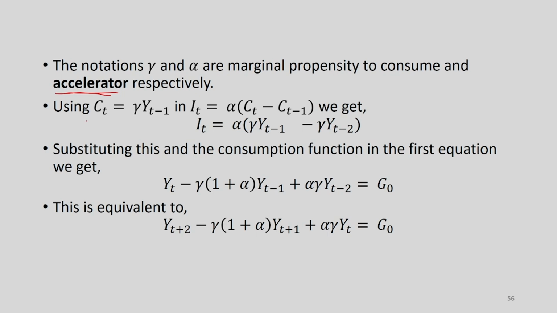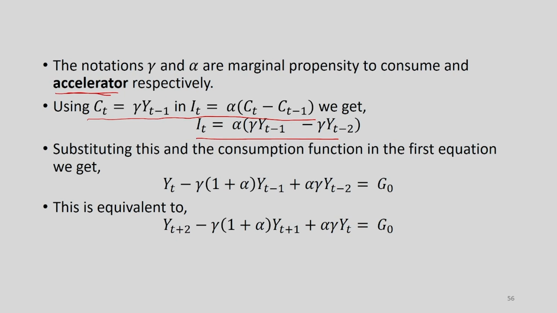Now, we are going to use these two relations: C_t is equal to gamma y_{t-1}, and I_t is equal to alpha (C_t minus C_{t-1}). We can combine these two things together and we are going to get I_t equal to alpha multiplied by (gamma y_{t-1} minus gamma y_{t-2}).